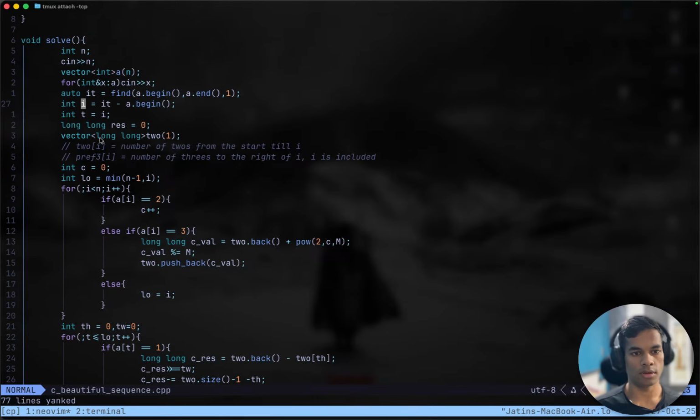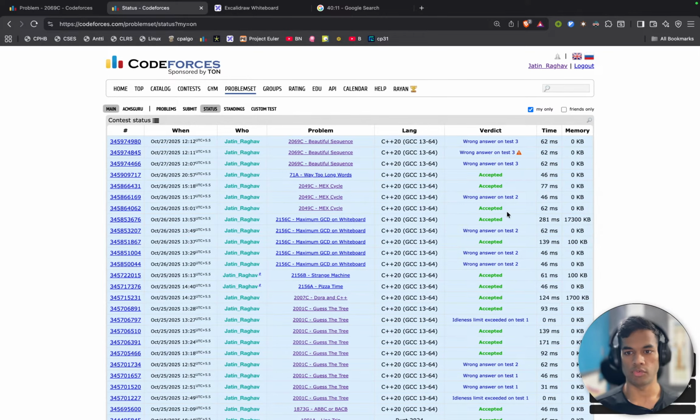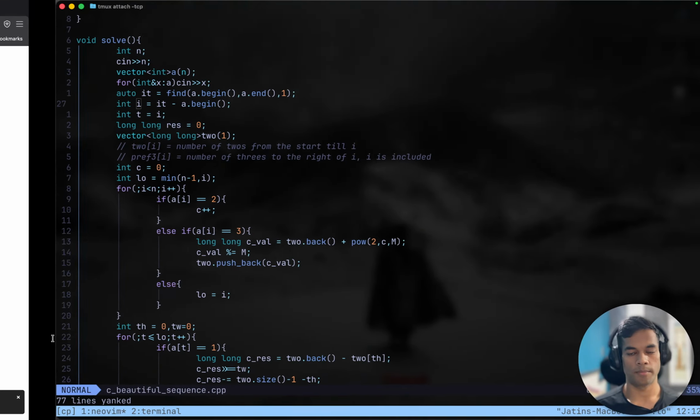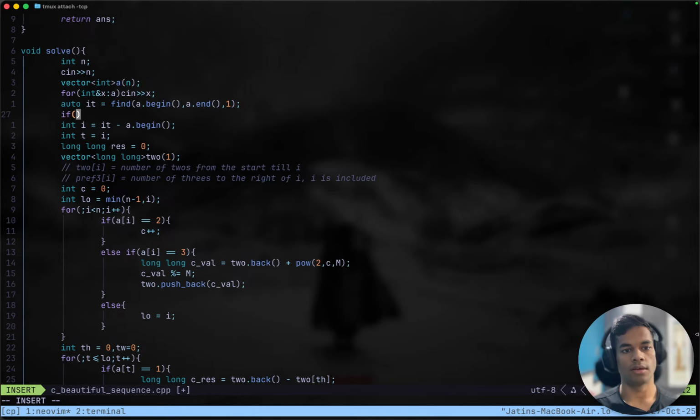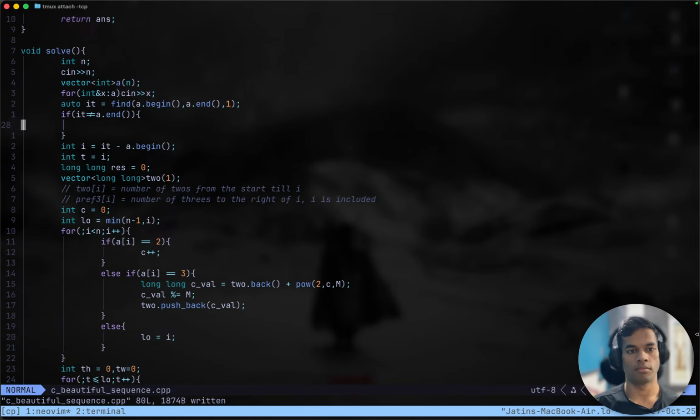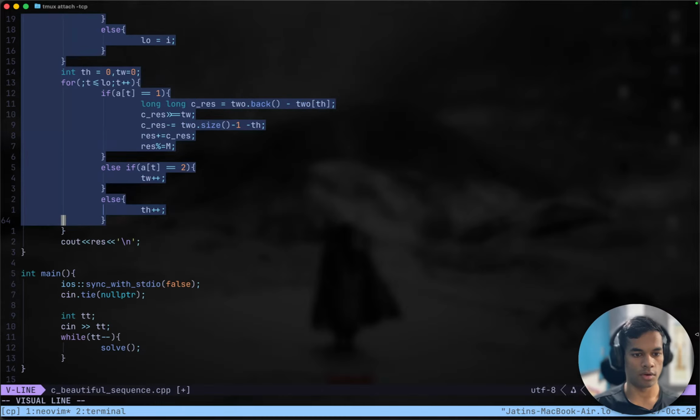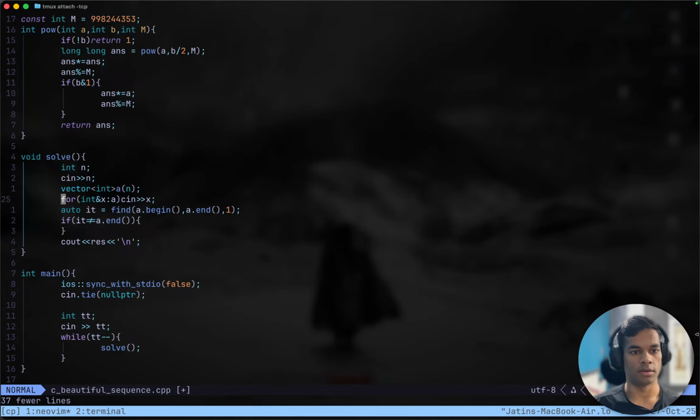So here we are taking the minimum between I and n minus 1. Okay, we still messed up. If IT is not equal to a dot end, do all of this only then.